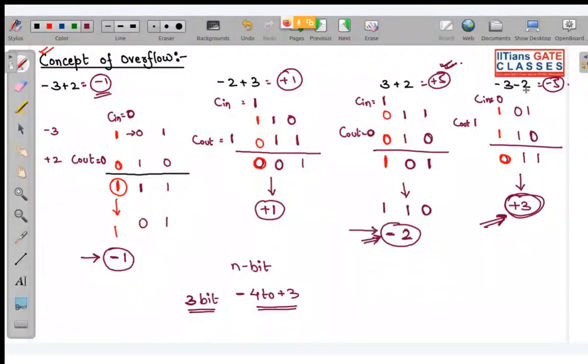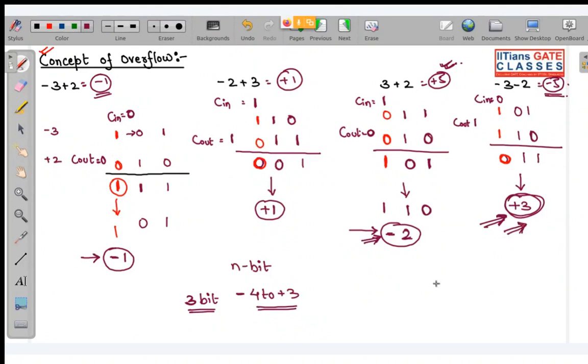So that is why I am getting the wrong result. Even over here, -3, -2, I am getting -5. So -5 is also out of range because using 3-bit 2's complement representation, I can represent numbers from -4 to +3. So how will I be able to represent -5? That is why I am getting erroneous results. Okay.